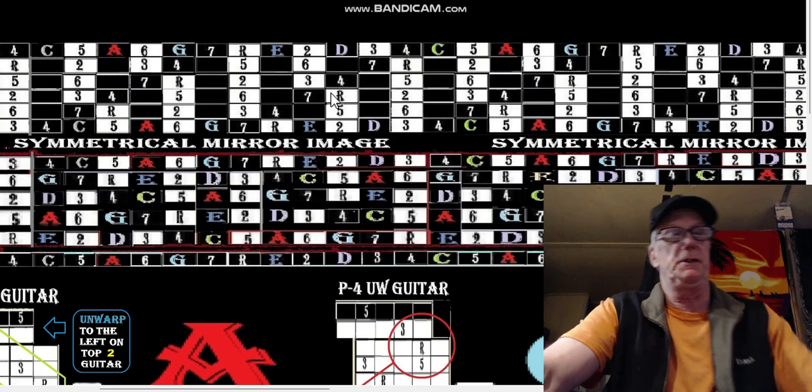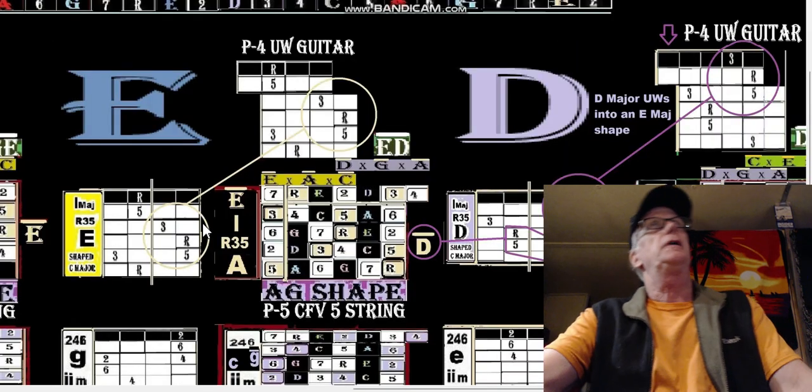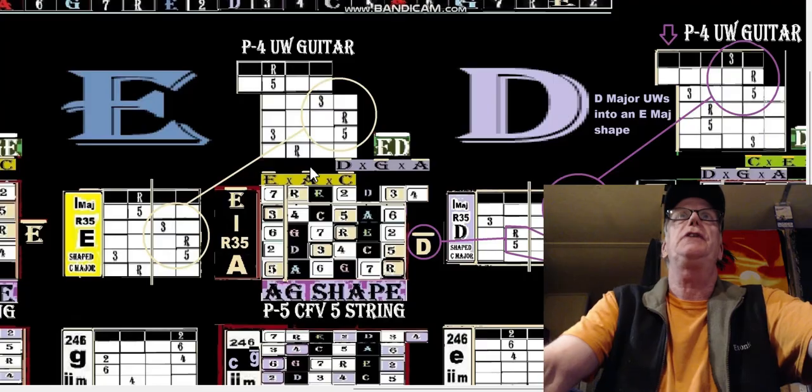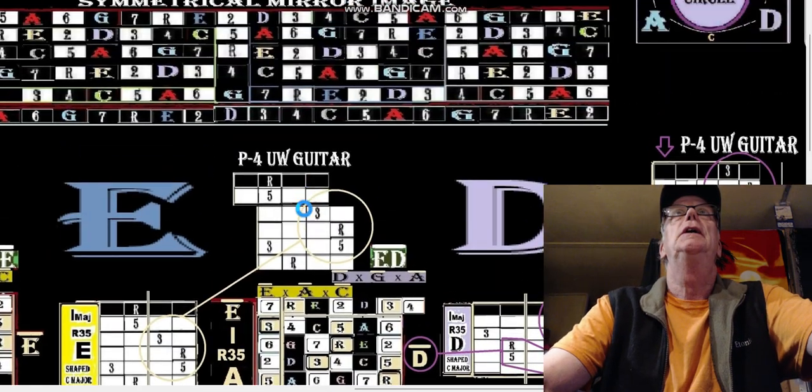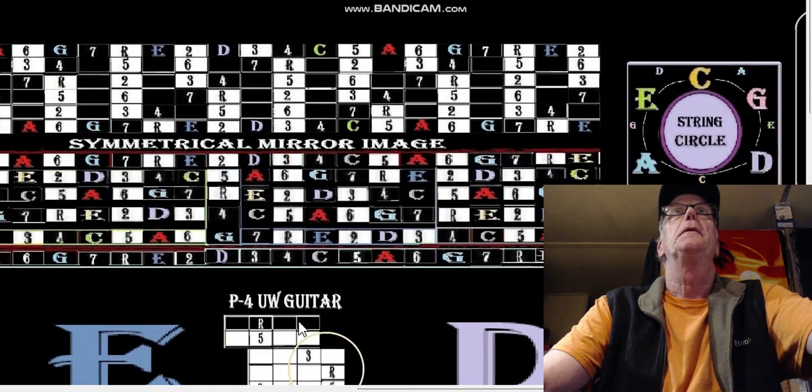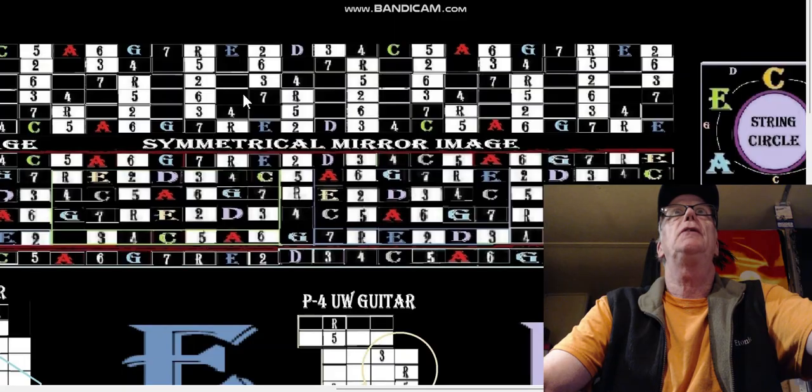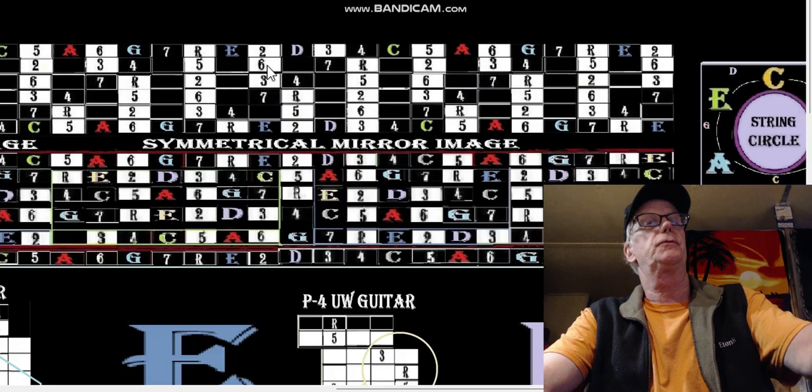Okay, it's just going to be different. Okay, my bad there. With the C shape now, up here again. So with E, we've got 5 root 3. And then we go root 4 and unwarped for root 4, 6, or 4, 6 root for the 4th.